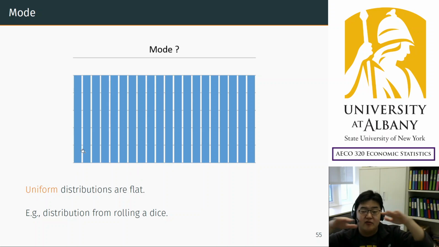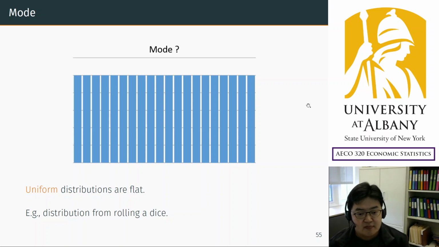Everything is equally likely, like a die. So this is an example of how we use mode. I think this is a more common usage of mode rather than as a measure of center. That's why I set aside mode like this.